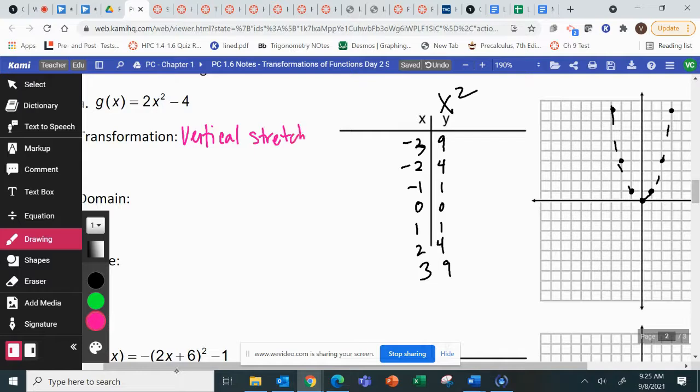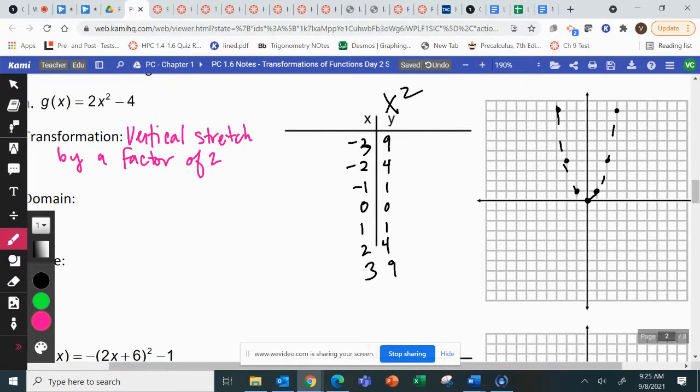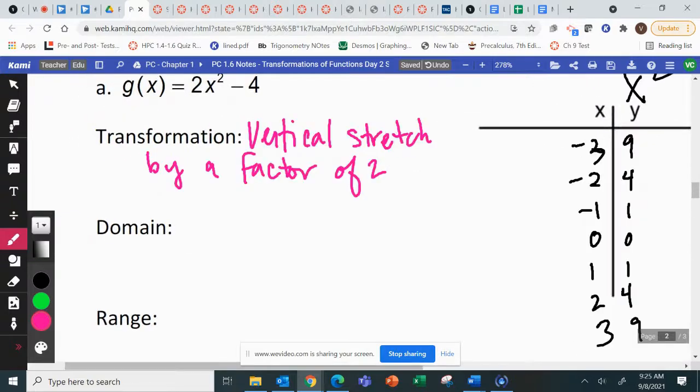We write a vertical stretch by a factor of 2. And then the -4 is translate down 4 units. So we've got 2 transformations. Both of these are vertical.